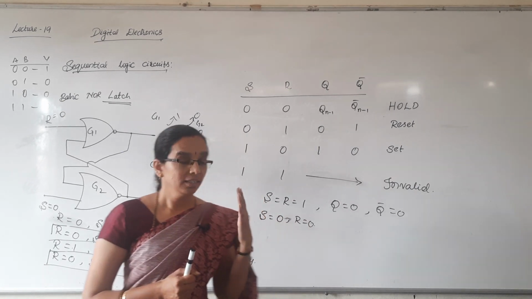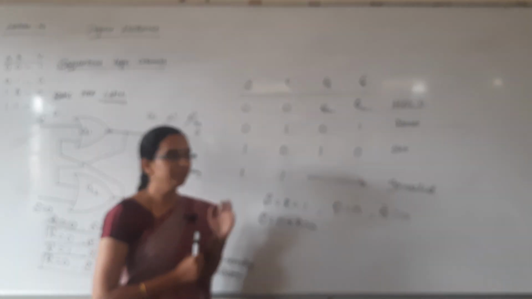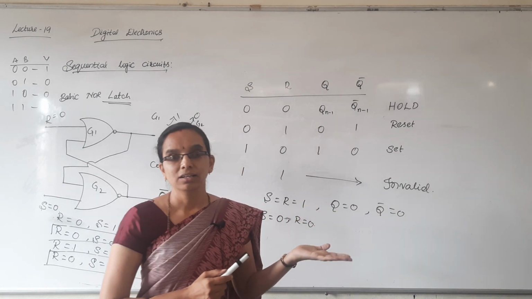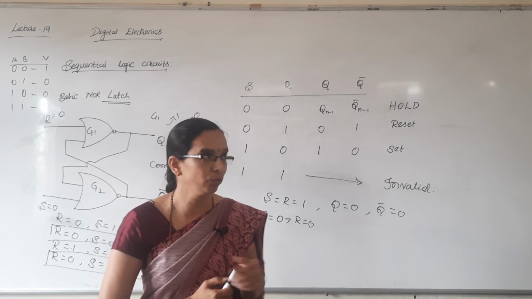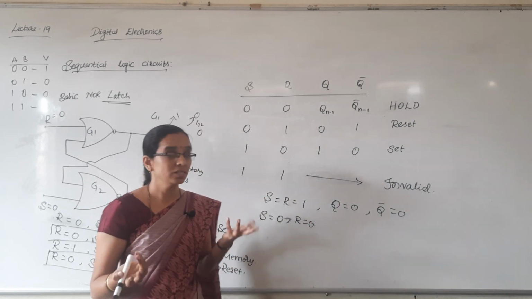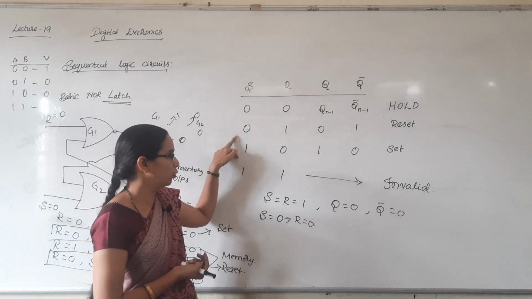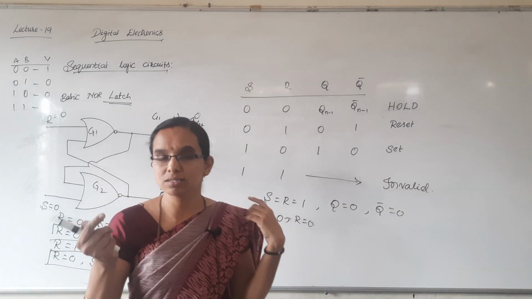So the last condition, when both are trying to be 1 1, is not a valid case. This is not considered in the circuit. This is a prohibited case, we will not go with this, it is of no use. We will go with only these three: if you want to store 1, we will make S equal to 1.